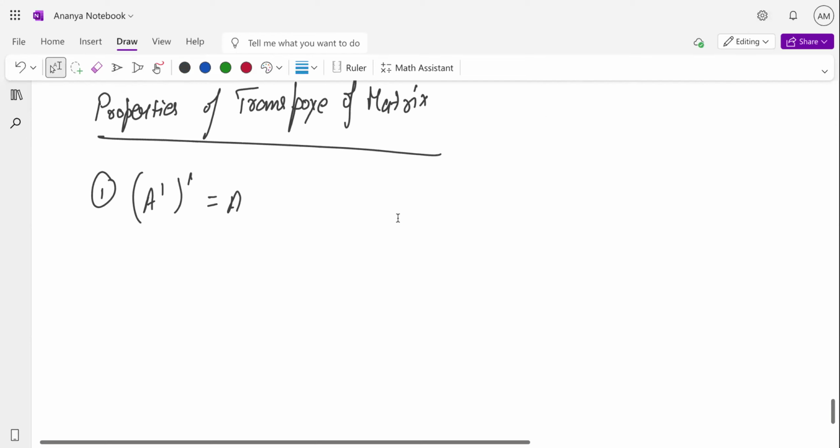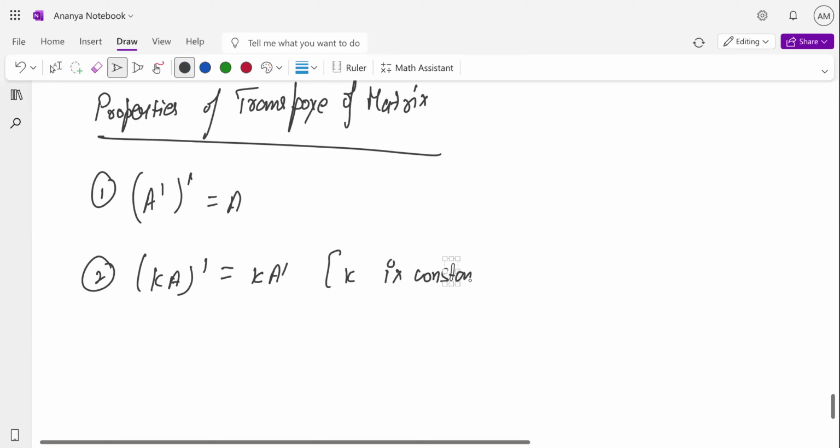The next one is K times A, transposed, will be equal to K times A transpose. Understood this part? Yes, sir. Basically, K is any constant element, right? Now K doesn't have to go with any transpose because 5, 6, these are numbers, right? For example, I'm having A as 1, 2, 3, 4 again.